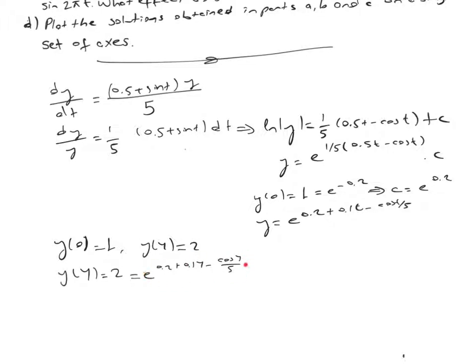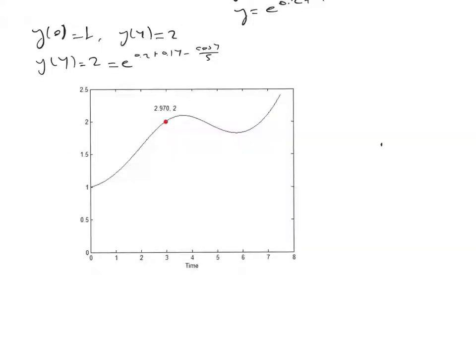We will plot this function by using MATLAB and we will observe at which time instant our function will be equal to 2, and that instant will be our tau, which is the doubling time. As it is seen from this graph, our function reaches 2 when the time is equal to 2.97, so our tau is equal to 2.97.